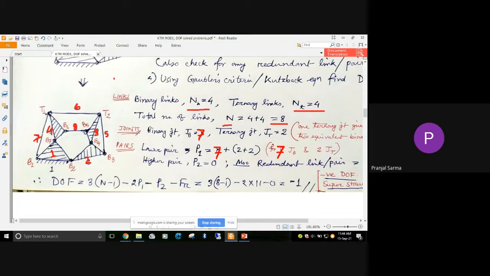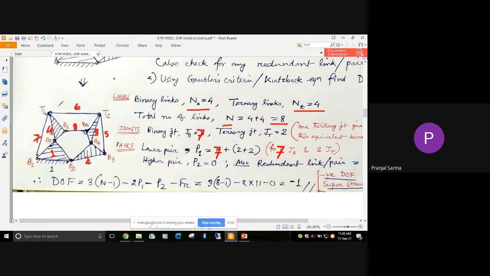Now there are actually different ways to find out the degree of freedom, but for finding out the pairs properly, if you go through the method of joints, it becomes easier. You should check what kind of joints are there. We'll be using the known relationship: one binary joint is equivalent to one binary pair.